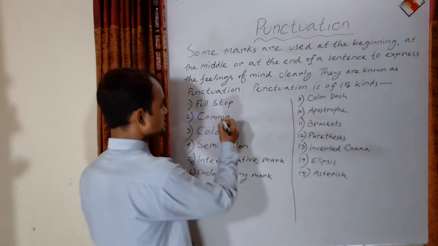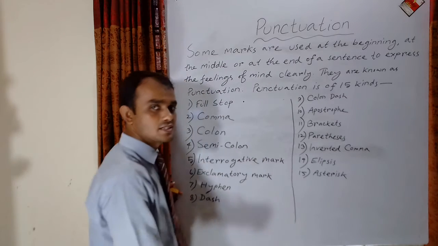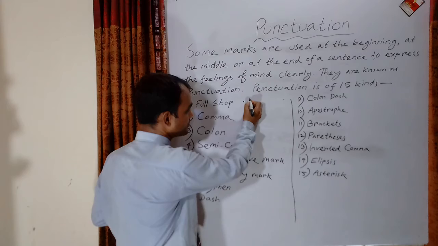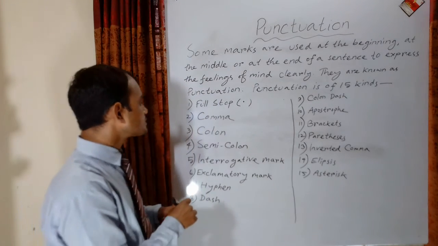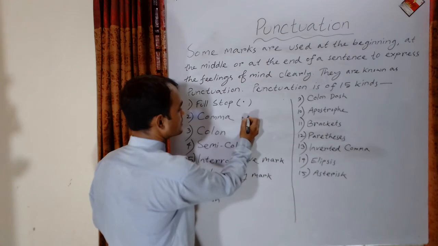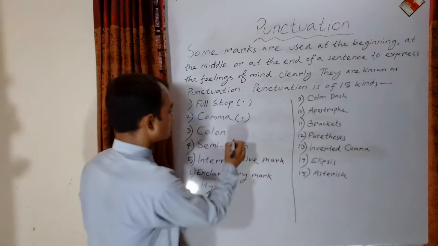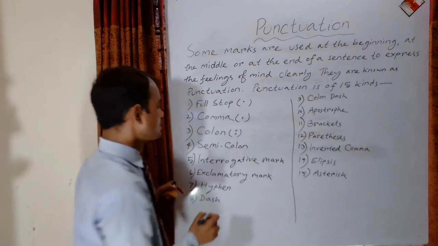Full stop. What is the sign of mark full stop? Like this. This one is full stop. Okay, I am using the first bracket. Comma, which one is comma? This one is comma. Colon, which one is colon? This one is colon.